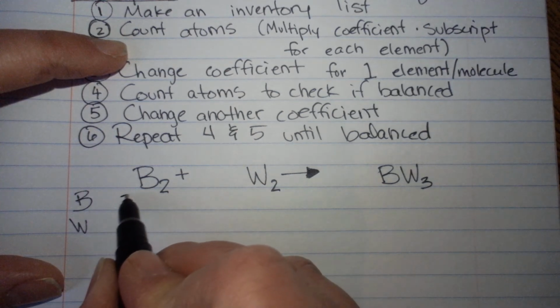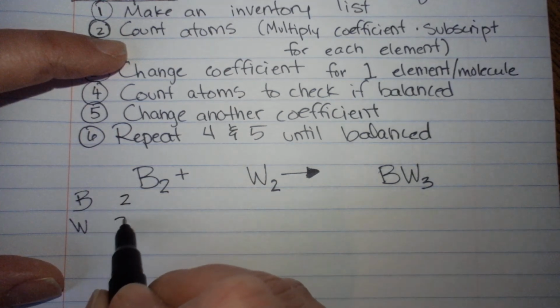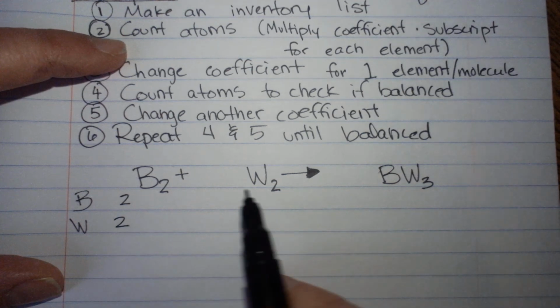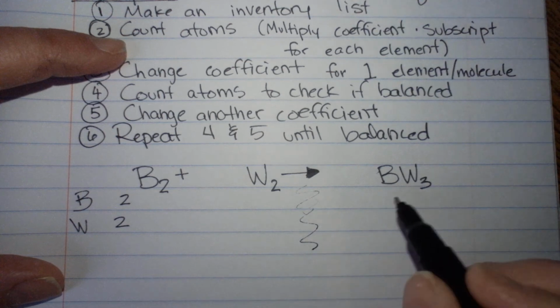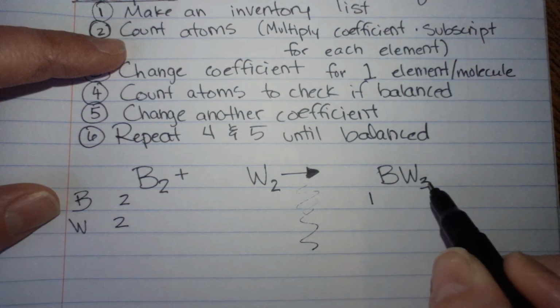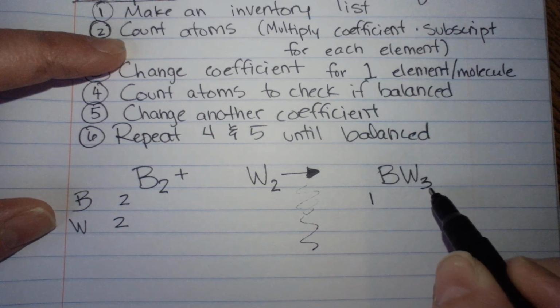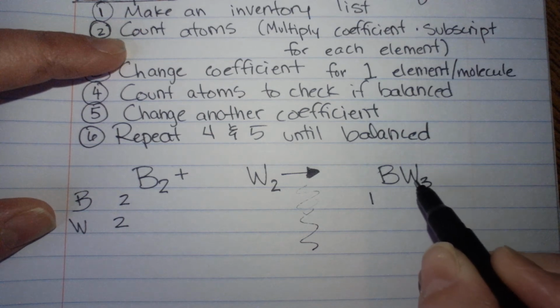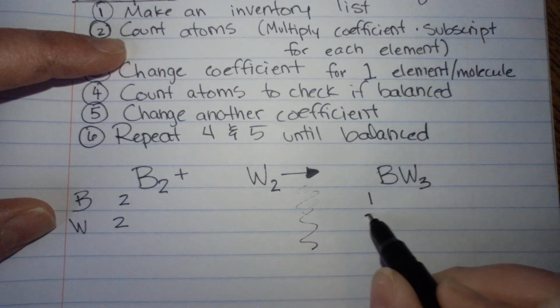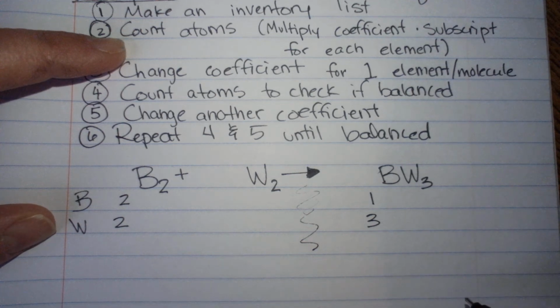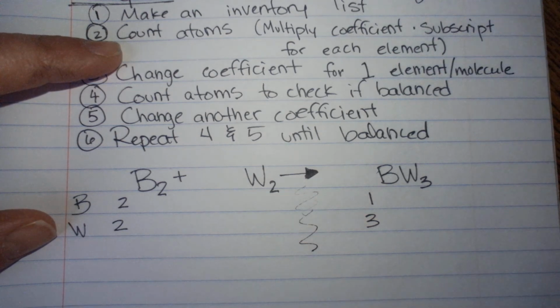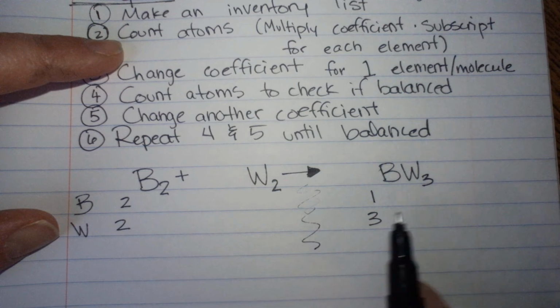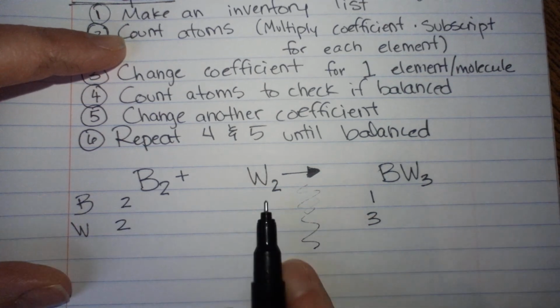I only have 2 B's here, I have 2 W's, but then in the product side, I only have 1 B, but I have 3 W's, because that subscript tells me how many of these atoms I have. Well, they don't match. So I'm gonna change. Let's see. I see that I have a 2 and a 3 here.